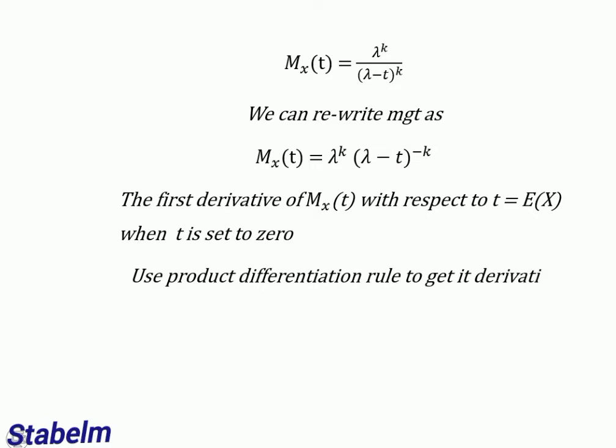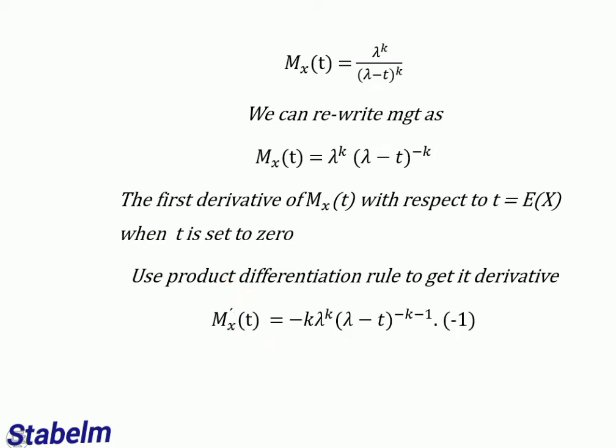Differentiating this, we have M prime X of t equals minus k lambda raised to power k into bracket lambda minus t raised to power minus k minus 1 multiplied by minus 1. The derivative of this gives us this. The prime indicates that we differentiate this. This is the first order derivative.